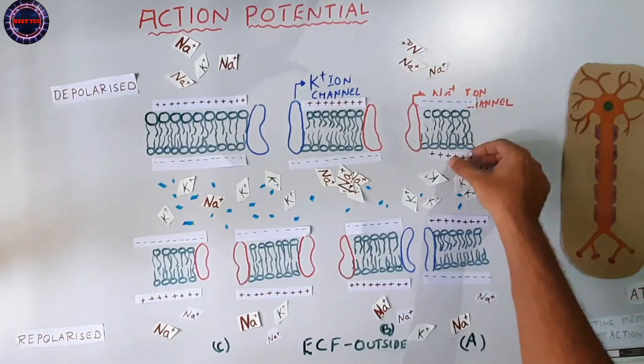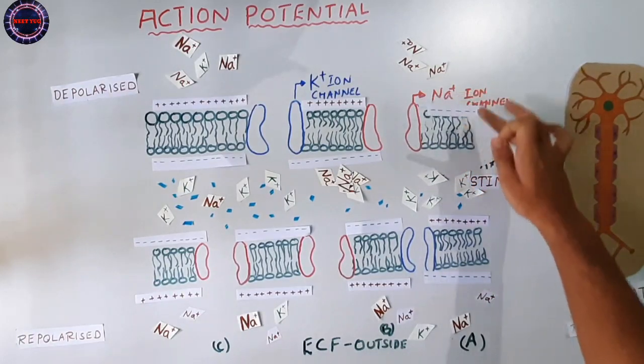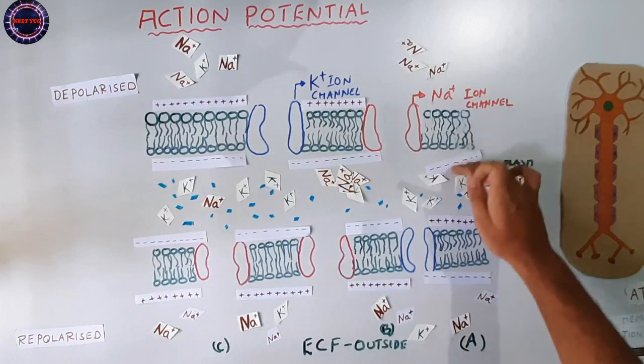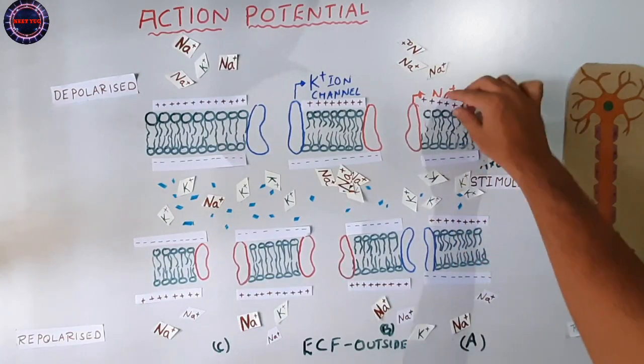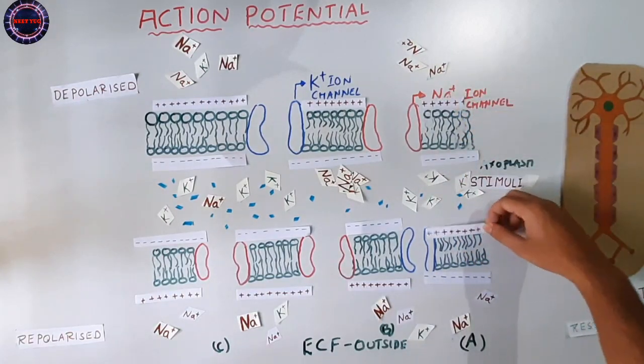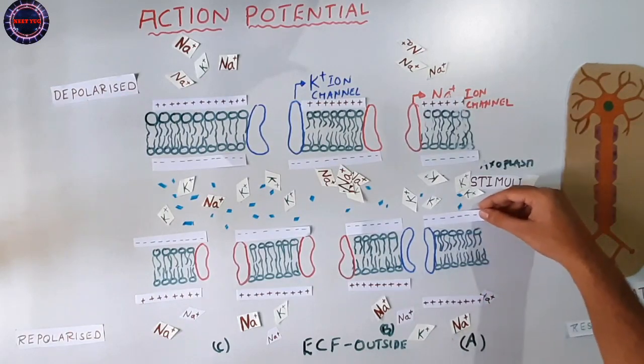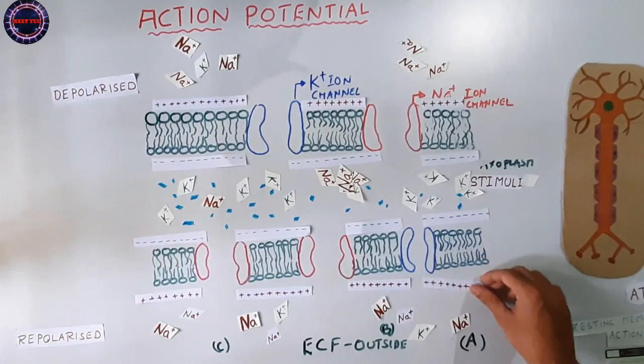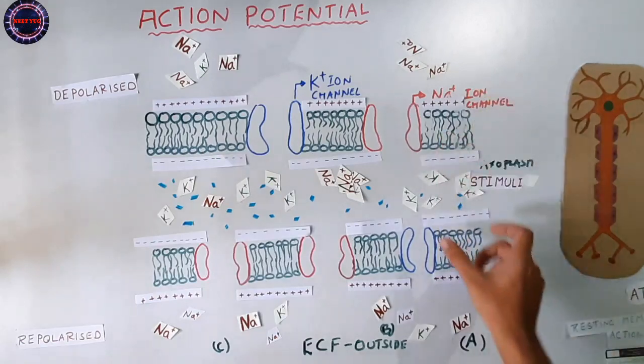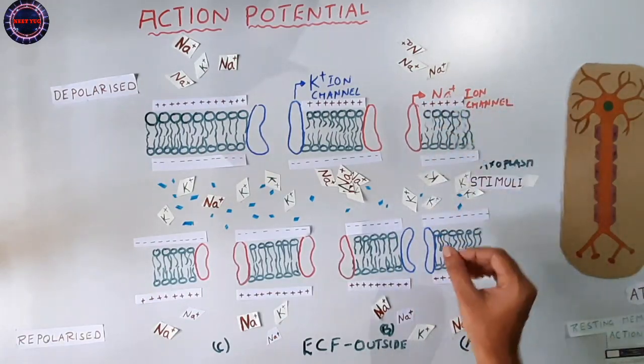Now you can see the charge restored: inside becomes negative, outside becomes positive. The other side of the membrane is the same. Everything is restored back to normal. This is called repolarization. Now site A is polarized.